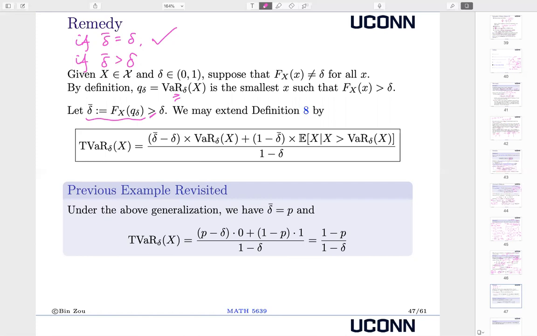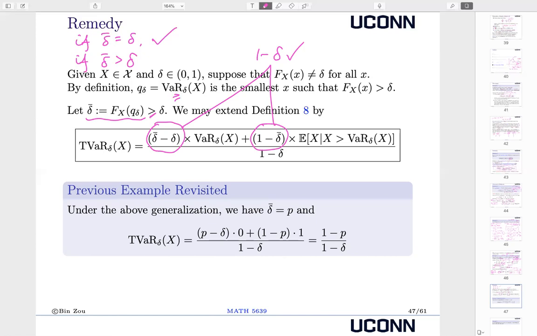A problem happens when this probability is strictly greater than delta, meaning I jump. If I jump, then I will need to compensate for what I jumped. So I need to compensate exactly this part of probability. Adding those two together is exactly 1 minus delta. That is the tail I want. I want to average over 1 minus delta probability.